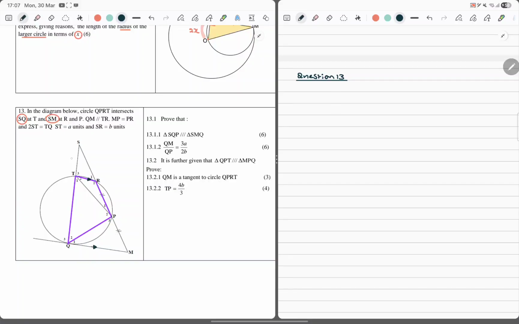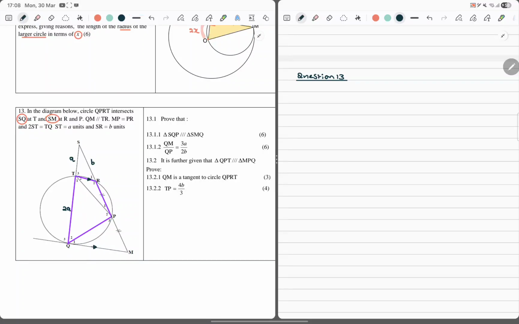So if ST is A, this means this is going to be 2A, okay? And SR is B units, so not a problem.